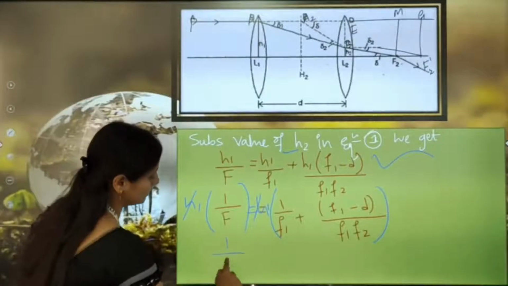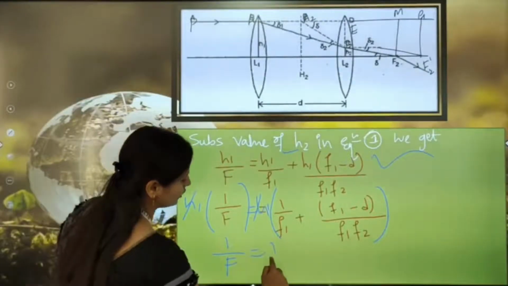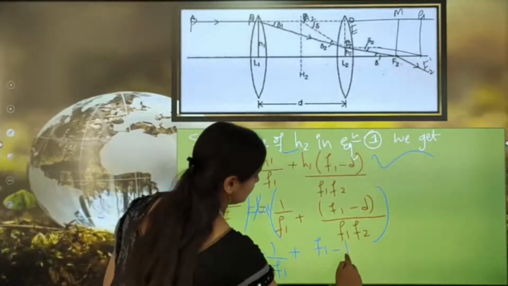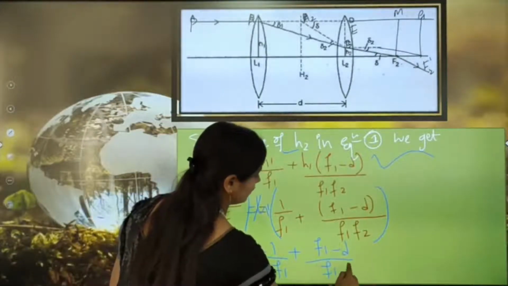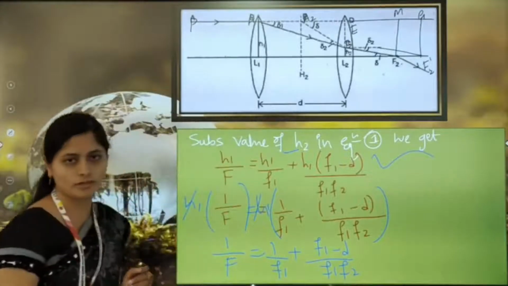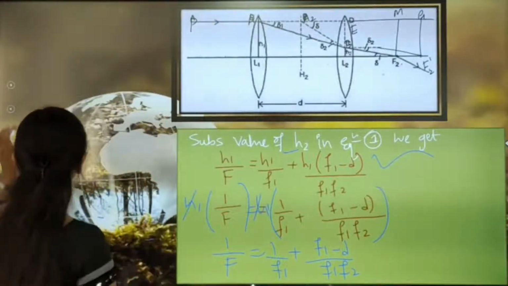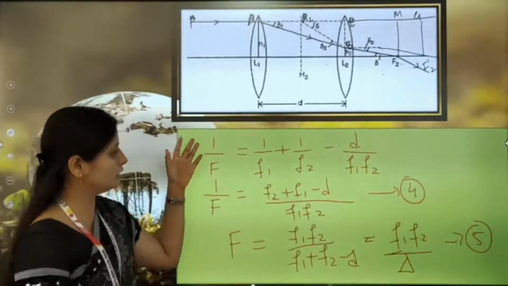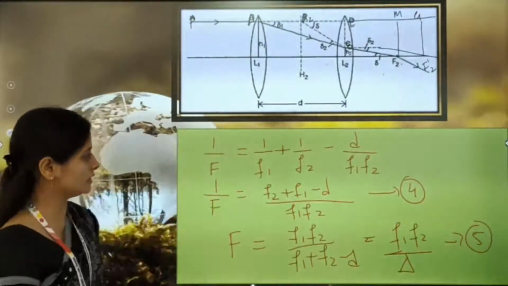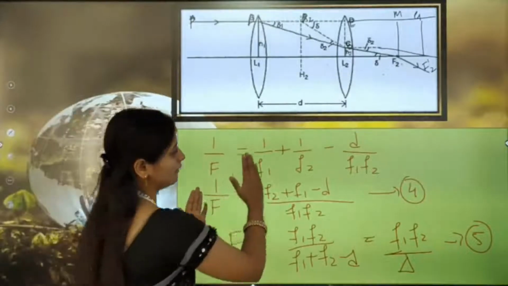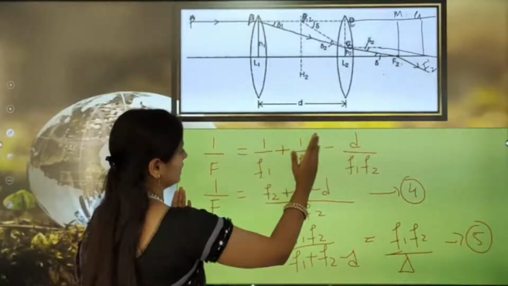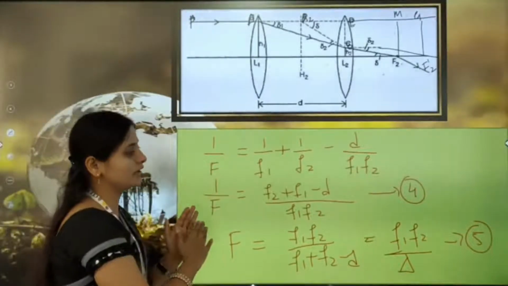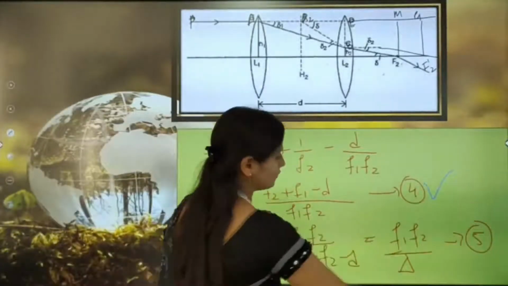We are getting 1 by f equal to 1 by f1 plus f1 minus d divided by f1 f2. Okay, we are getting this equation. So next we multiply by f and make the simplification. We are getting equation number 4.